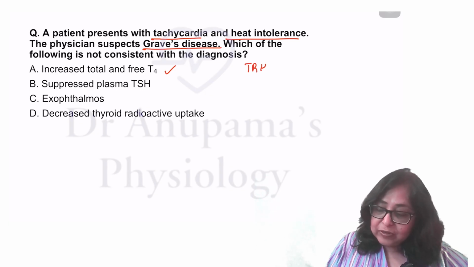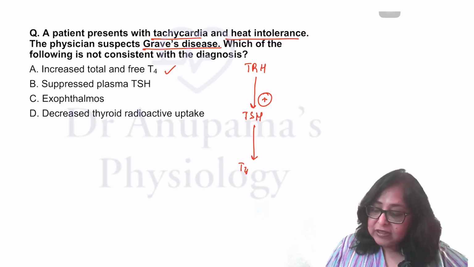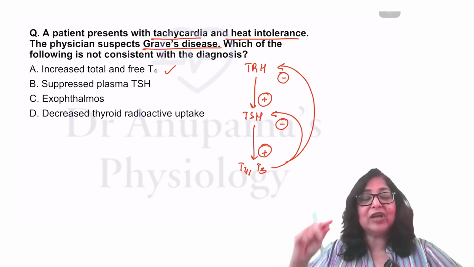TRH from the hypothalamus acts on the anterior pituitary, increases TSH, which in turn increases T4, T3 secretion from the thyroid gland, and T4 and T3 have a negative feedback effect on the secretion of both TSH and TRH.